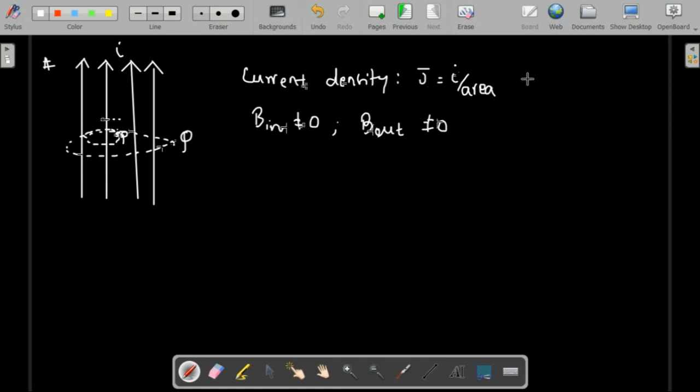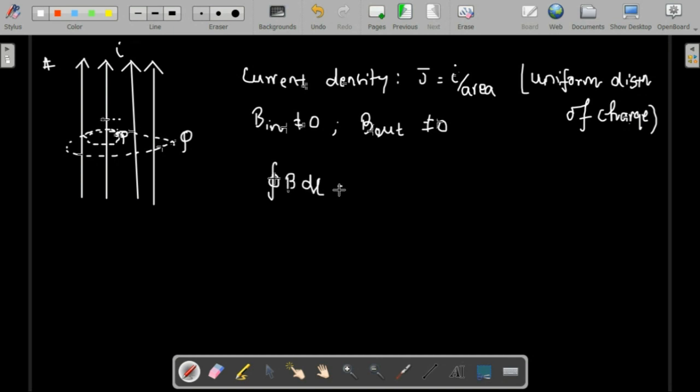Okay, so current density, we already know what is this, right? So please remember, the logic that we are going to use here is for uniform distribution of charge. That means the current density will remain the same whichever part you consider. So what was our formula? Our formula was B dL is equal to mu naught I inside.